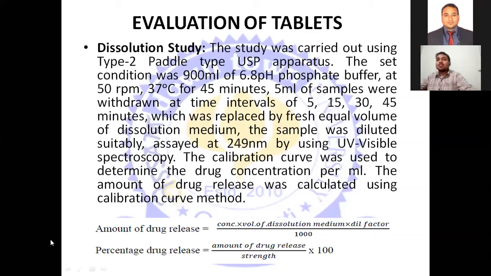And percentage of drug release is amount of drug release divided by strength into 100. By this process we can go for the evaluation of tablets. So this is the main evaluation part of the paracetamol tablets.